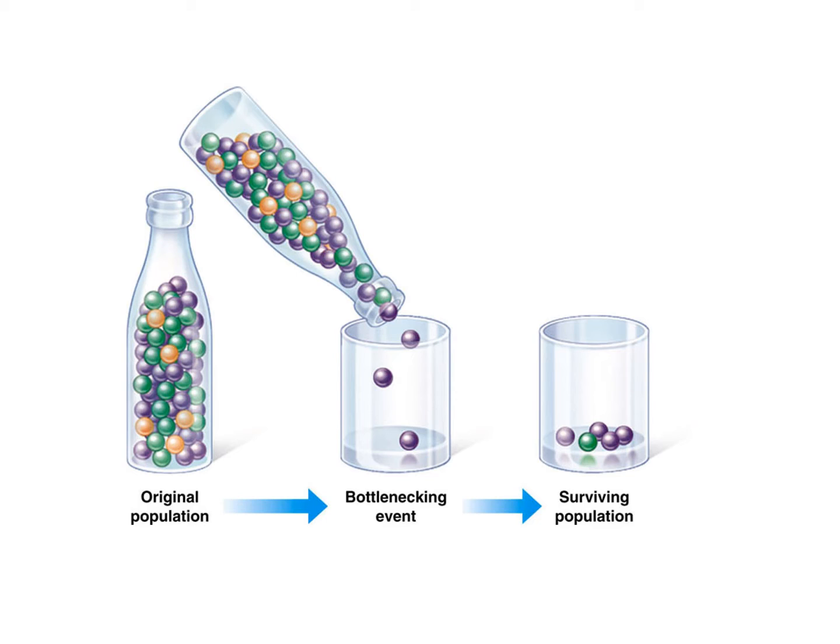And there is a bottleneck event, a crash in the population size. That is akin to tipping that bottle up, giving it a shake. The constriction in the neck of the bottle will only allow a few beads to pass through. That's our sampling of the gene pool that will establish the new population. So that new population will be different than the original.